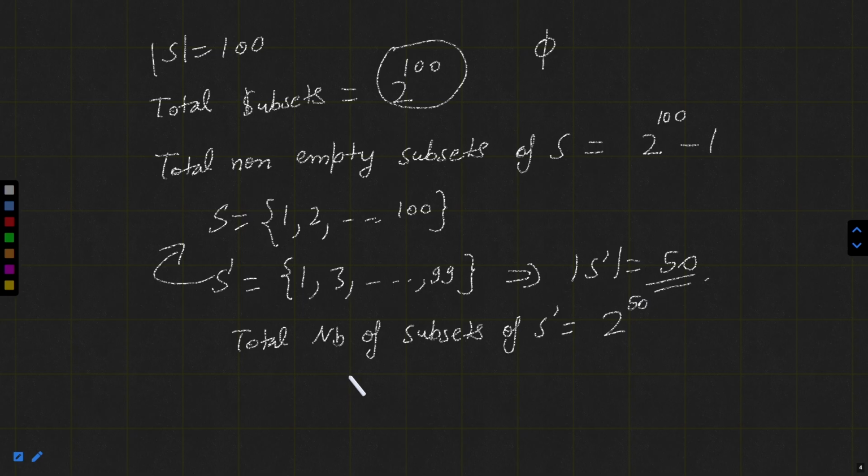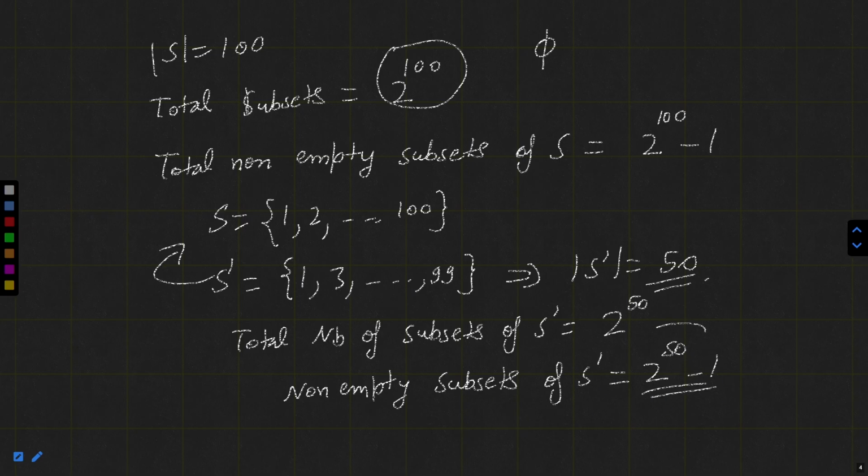Okay. Now we have to find the non-empty sets. The non-empty sets will result if we eliminate one set, the null set, and we get the non-empty subsets of S dash. So the non-empty subsets of S dash is equal to 2 power 50 minus 1.